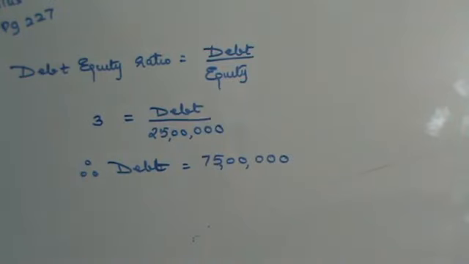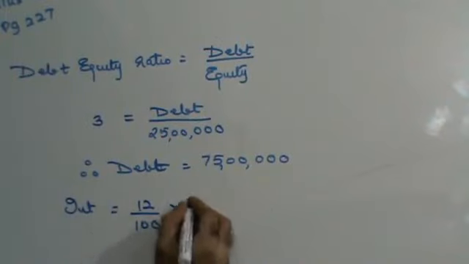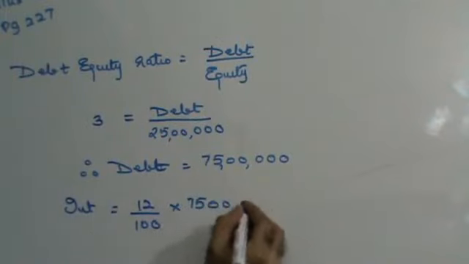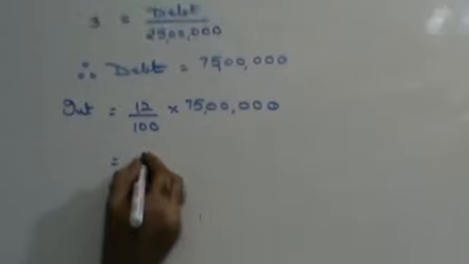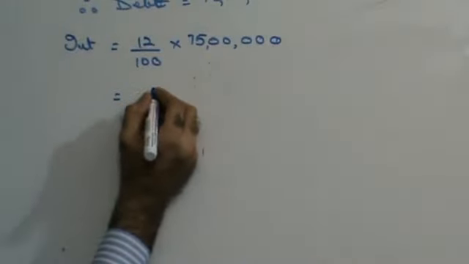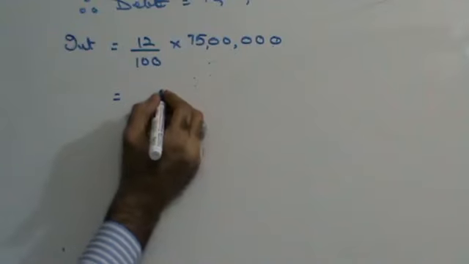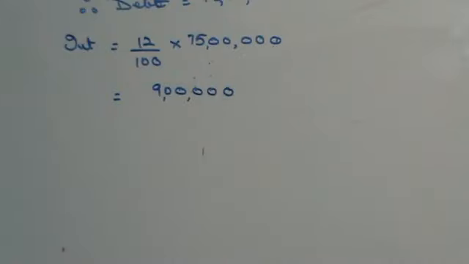Right? Interest rates have been given to you as 12%. So interest is going to be 12% on 75 lakhs. Someone please help me get that. 12% on 75 lakhs. 9 lakhs. Right?